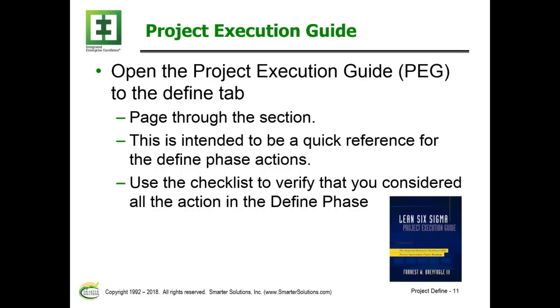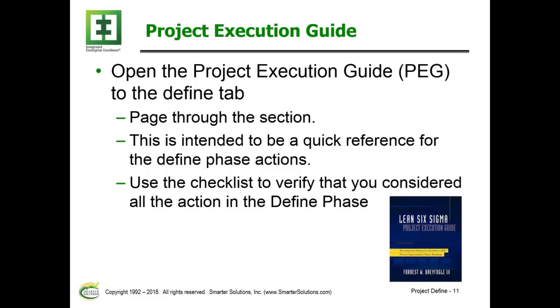The Project Execution Guide is a book that can help people implement and execute a Lean Six Sigma project. I suggest that you page through the book and notice the tabs that are in alignment with the Integrated Enterprise Excellence, or IEE, Lean Six Sigma roadmap.